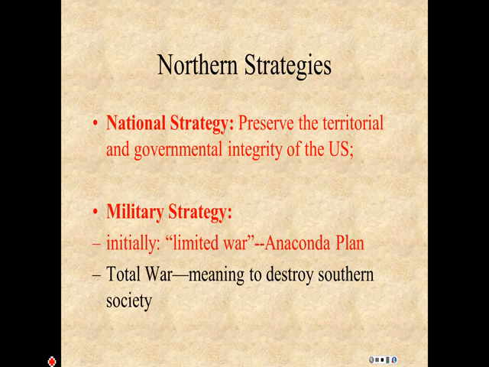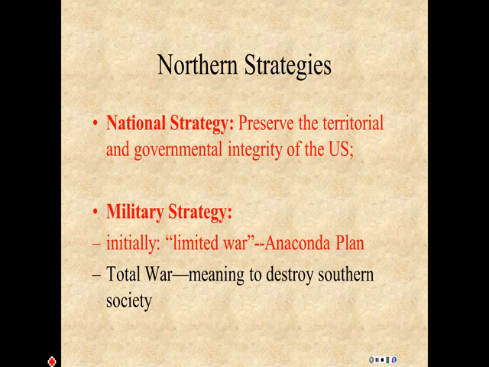That's one strategy. However, that's not going to work in the end, and pretty quickly people in the North are going to realize that the Southerners are serious about this, and this is going to be a long, protracted struggle, and in the end, Northerners, both military and civilian leaders, recognize that total war will have to be waged, nothing less than an unconditional surrender of the South, that the North is going to have to defeat the South as a society.